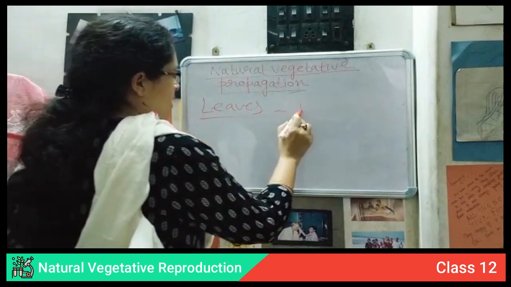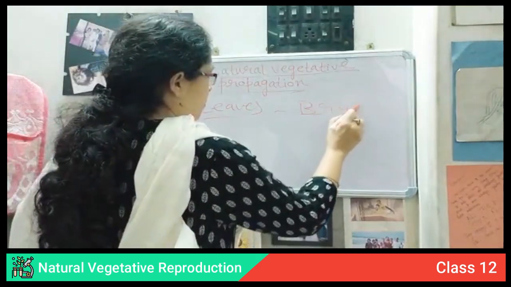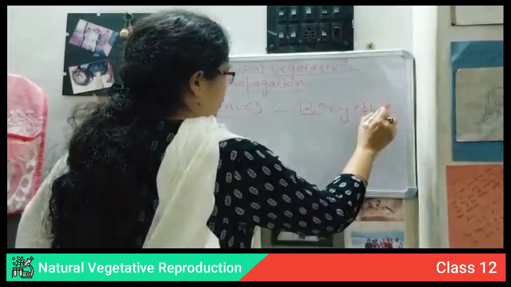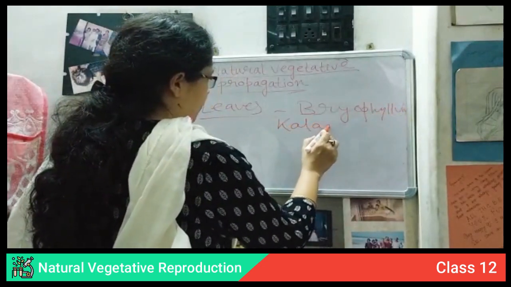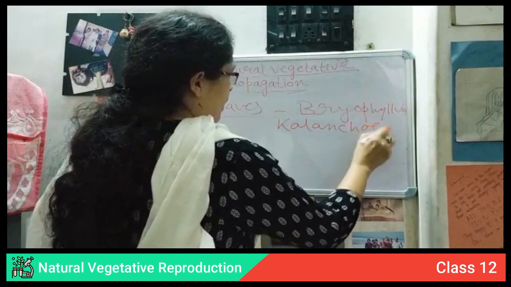Number 1 is bryophyllum, and another is kalanchoe. What happened here?